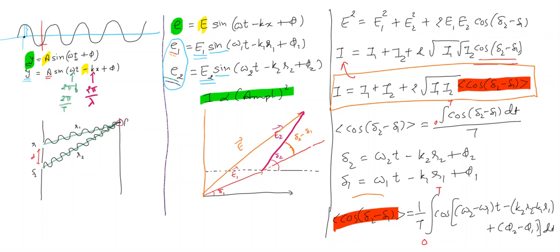This cos delta term is called the interference term because it decides what the intensity of the resultant wave will be. So what happens if two waves are identical, if the wavelengths are the same? If the wavelengths are not the same, that we will see in coming topics. For now, this is all.